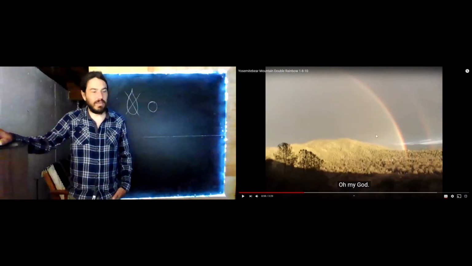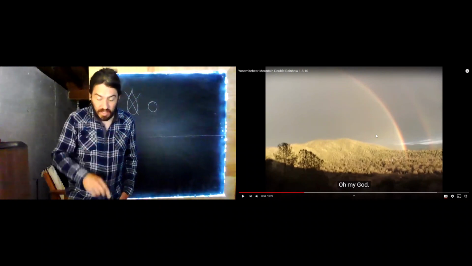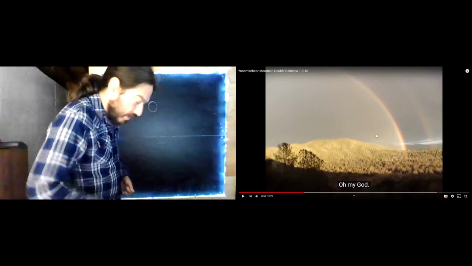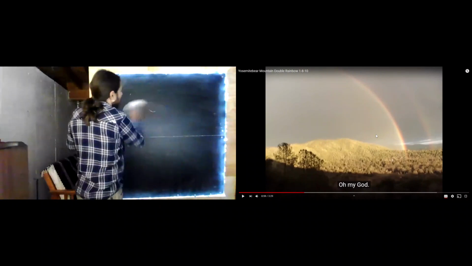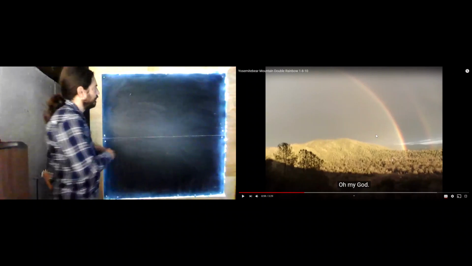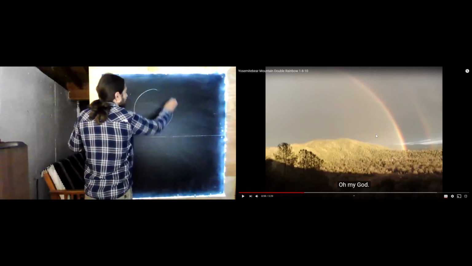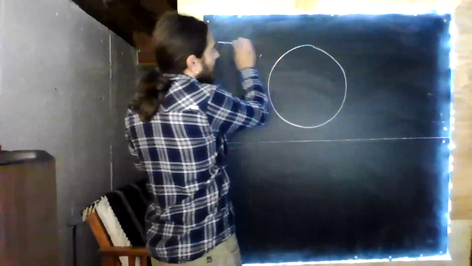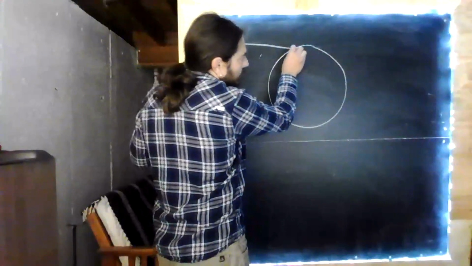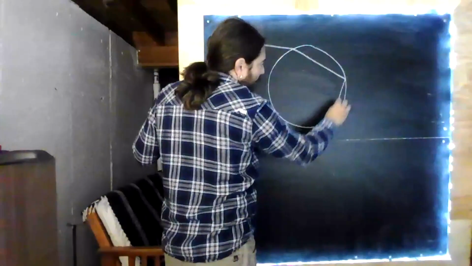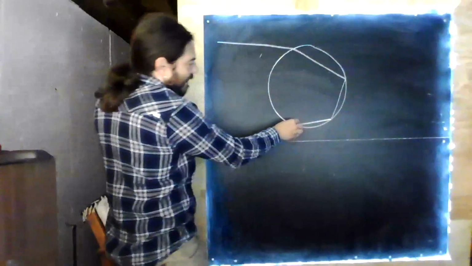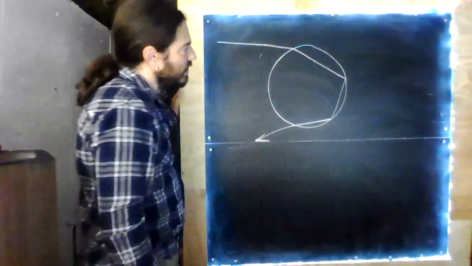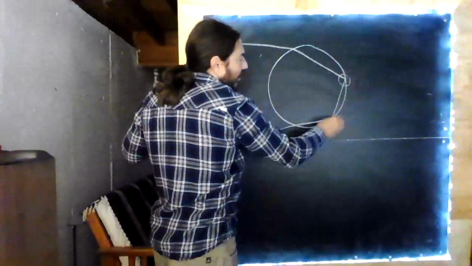I also think the double rainbow is really cool. Check out what goes on in a double rainbow. The reason why we get that flip is because in a double rainbow, there's an additional bounce. So for a double rainbow, light comes in here, and then out. So in a double rainbow, there's an additional reflection.